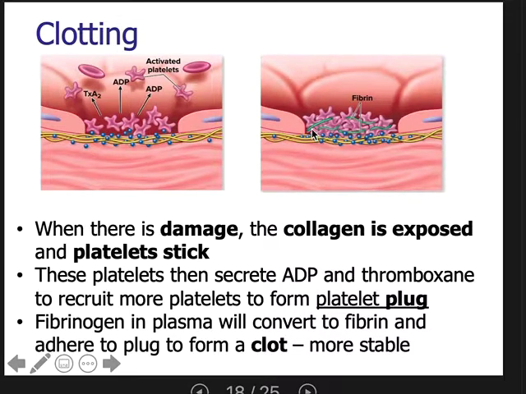So these aqua blue squiggly lines, that's the fibrin. The fibrinogen that's always circulating in your plasma sticks to your platelet plug and converts to fibrin. And this makes the clot, and it's much more stable.